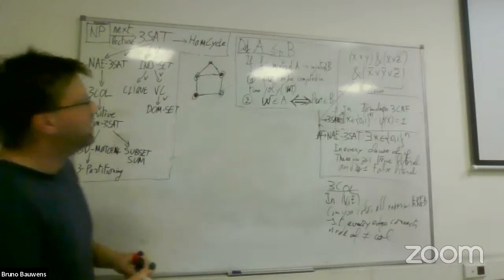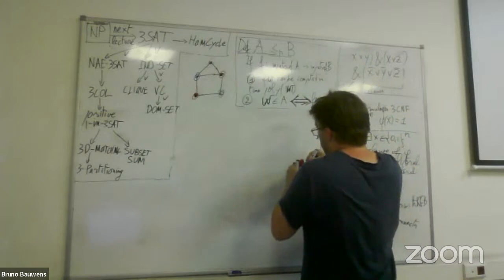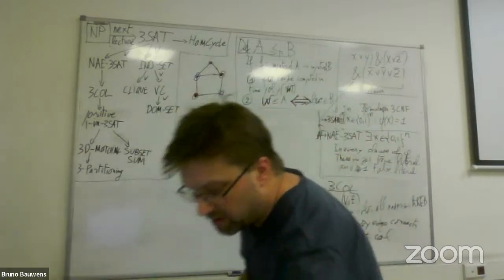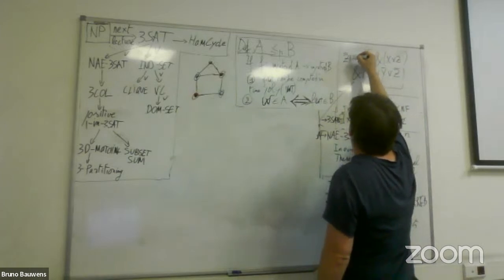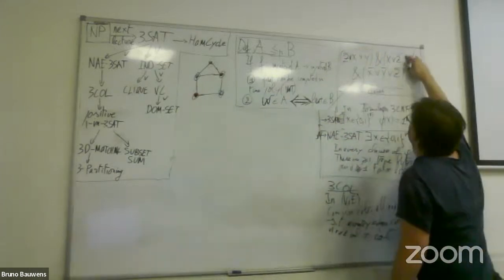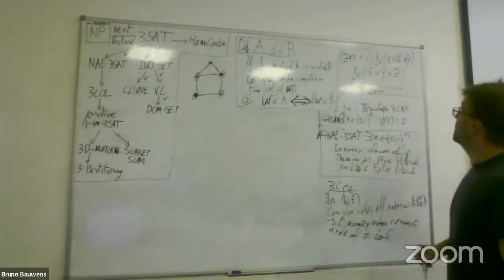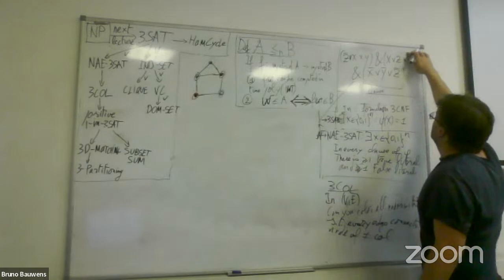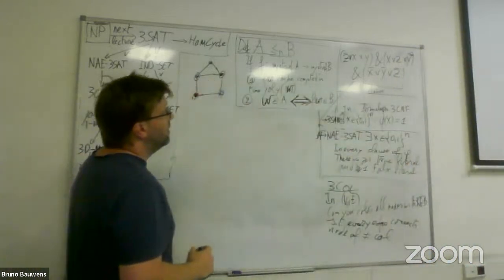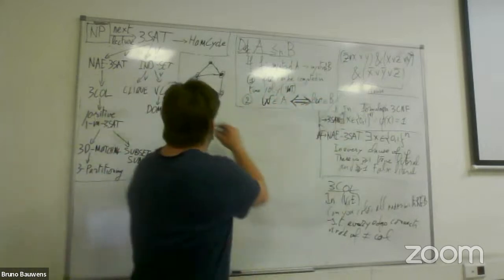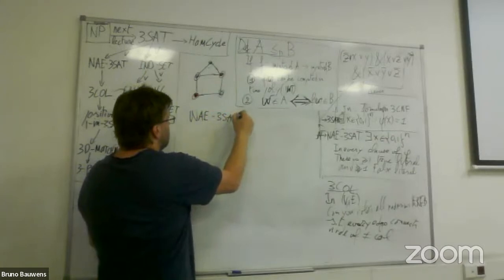So now we start with the not-all-equal 3-SAT formula, and we said that all clauses can be assumed to have length 3. Let us add something like not y, or an all-positive clause.